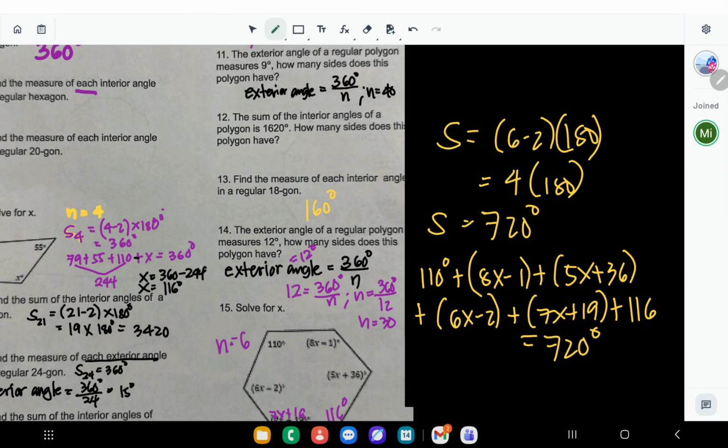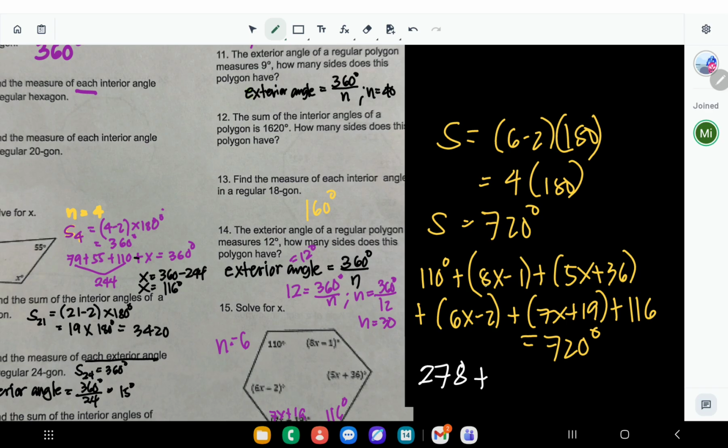You group like terms first. You group all of the constants. So that is 110 minus 1 plus 36 minus 2 plus 19 plus 116. So that's 278. Are you following?